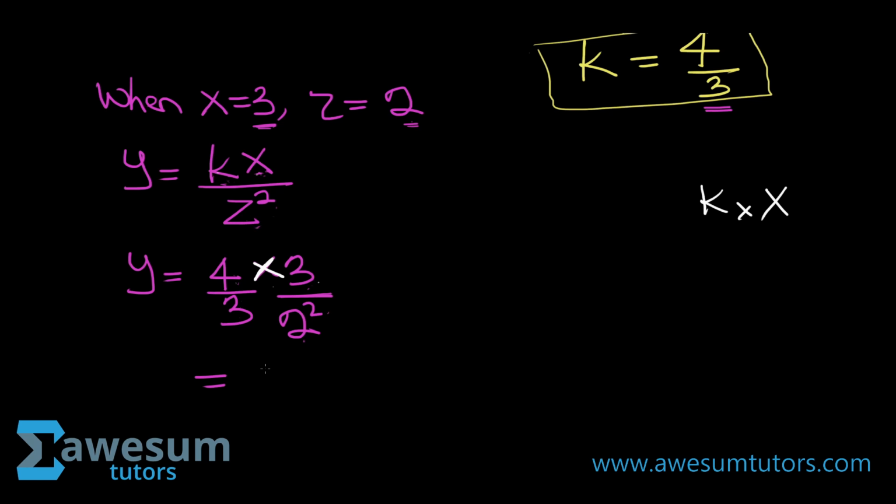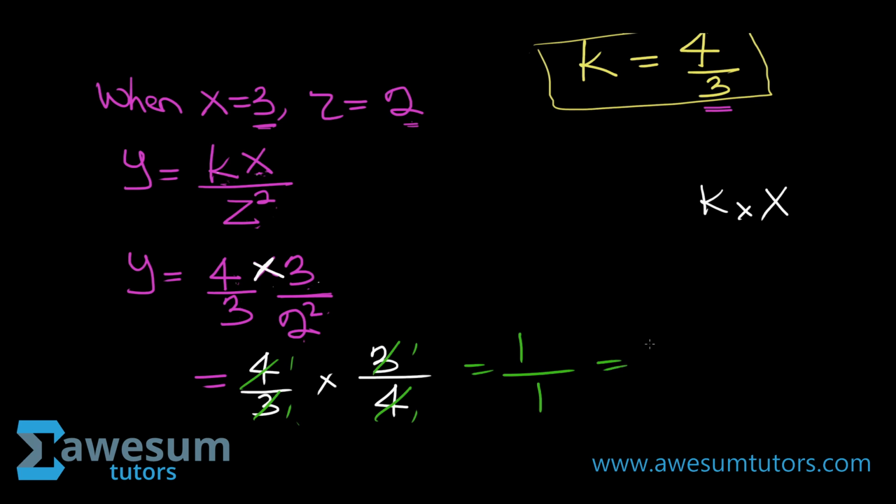So now let's go ahead. This is going to give us 4 over 3 times 3 over, what is 2 squared? 2 squared is 4. Now we can do cancellation right here. 4 here 1, 4 here 1, 3 here 1, 3 here 1. 1 times 1 is 1 over 1 times 1 is 1.